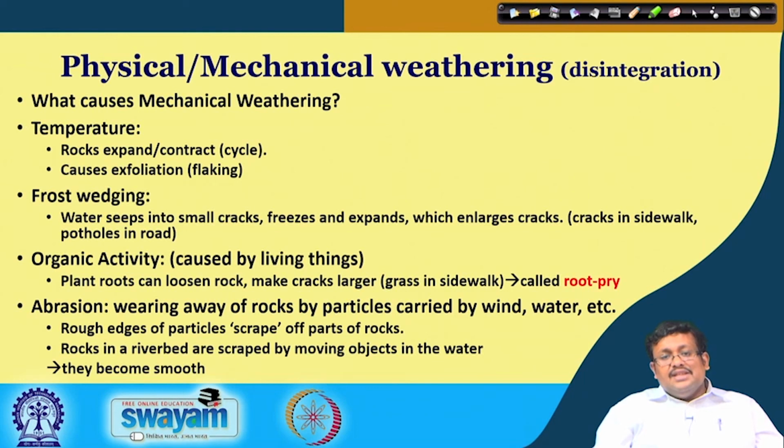When there is a temperature gradient, there will be contraction and expansion, and as a result, due to the lower confining pressure, a sheet of rock will break apart from the original rock, and this is called exfoliation or flaking. I will show you the picture of exfoliation and flaking later on, but exfoliation is a major type of physical or mechanical weathering which occurs due to the temperature variation.